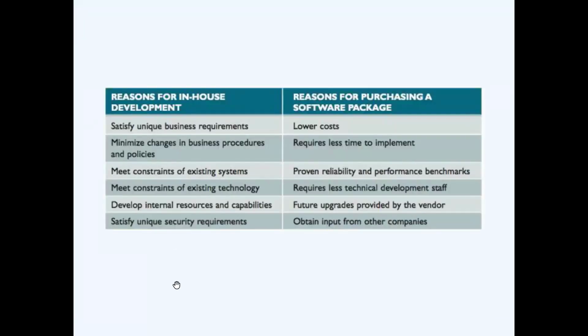The reasons for in-house development are to satisfy unique business requirements, minimize changes in business procedures and policies, meet constraints of existing systems and existing technology, develop internal resources and capabilities, and satisfy unique security requirements.